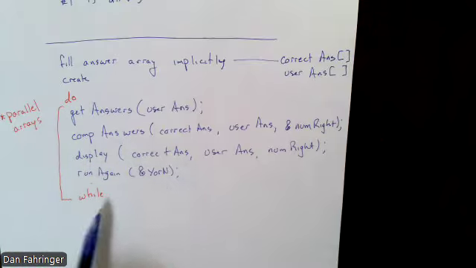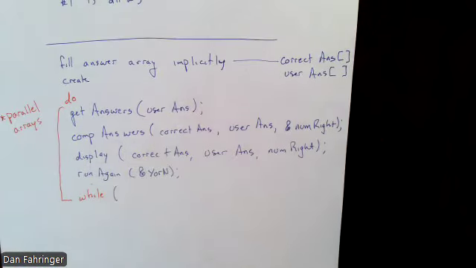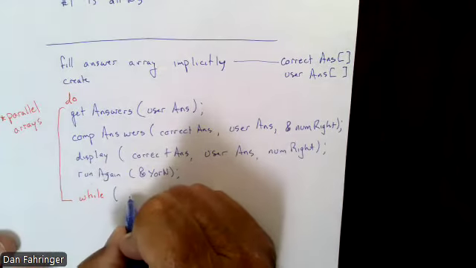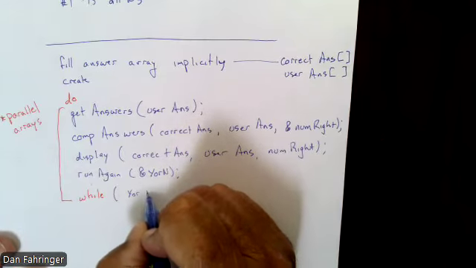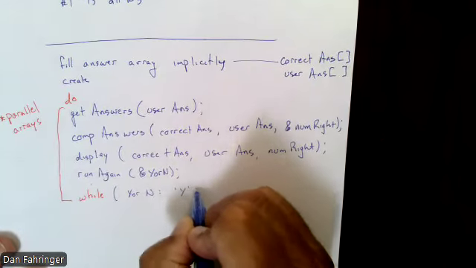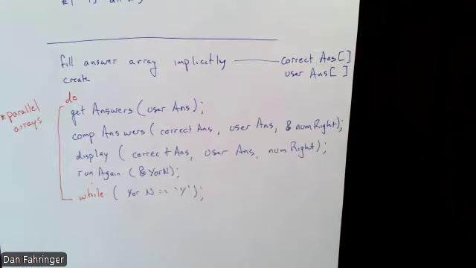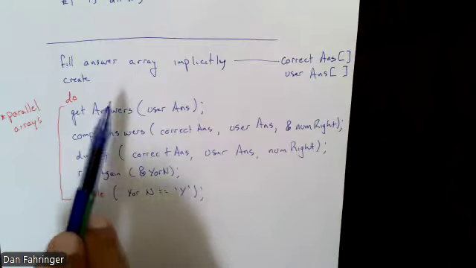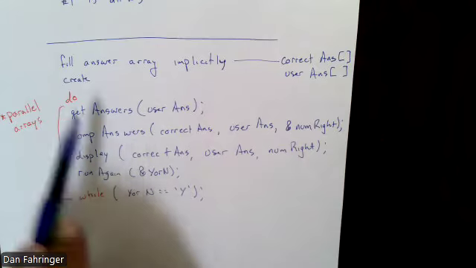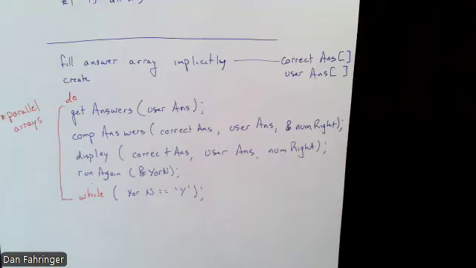Now I need to do while y or n equals capital Y kind of deal. This is nice because I get the program running. Now I throw in this, and this.